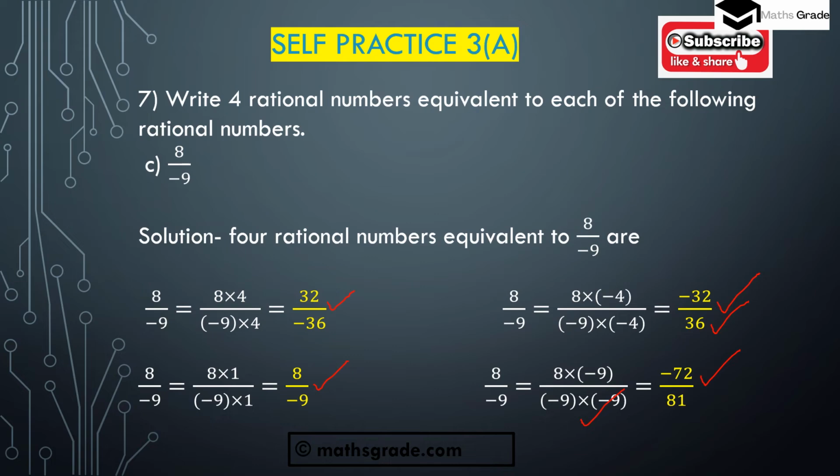So four rational numbers equivalent to 8 divided by minus 9 are 32 divided by minus 36, minus 32 divided by 36, 8 divided by minus 9, and minus 72 divided by 81.